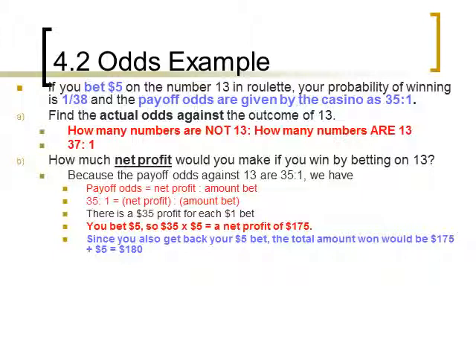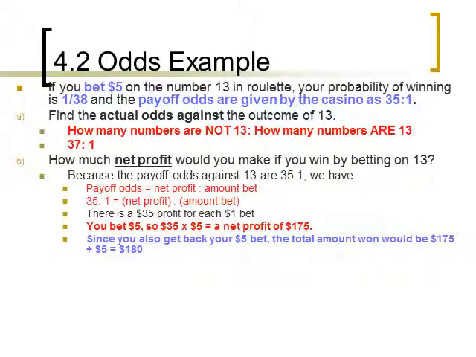Let's look at the second step. How much net profit would you make if you win by betting on 13? And because we're told that the payoff odds against 13 are 35 to 1, let's go back and find that information that talks about payoff odds that was on the previous slide. We learned that payoff odds equals net profit to amount bet. And so they're giving us 35 to 1.